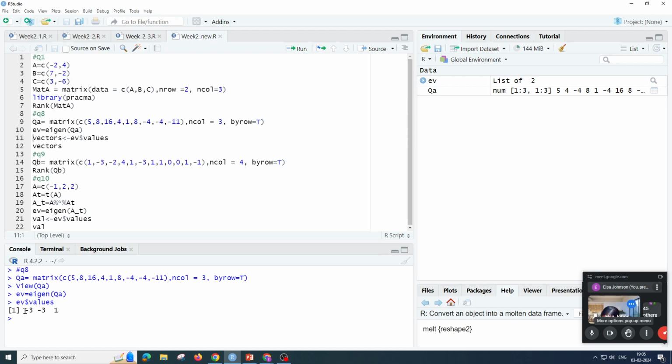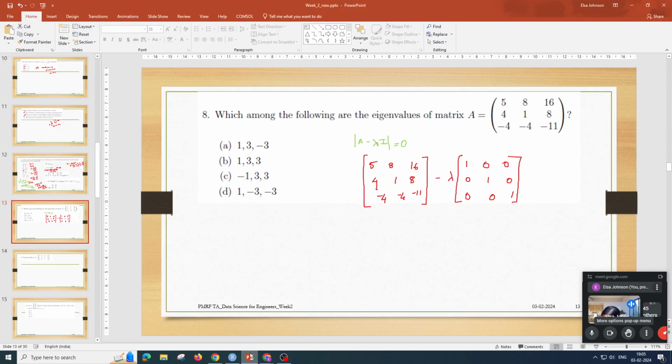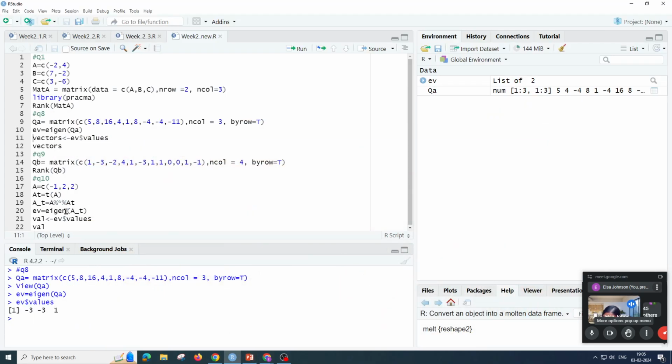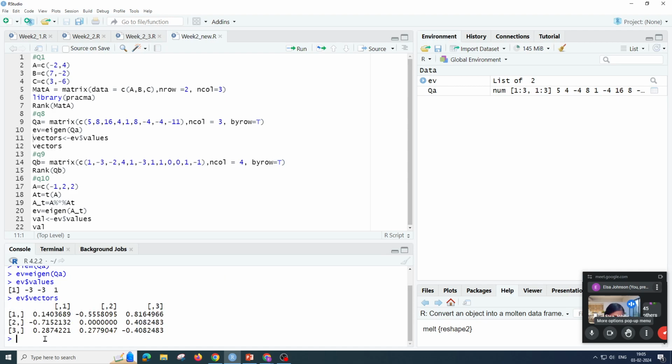You can use the method determinant of A minus lambda I to get the eigen values. In RStudio you can directly form the matrix and give EV equal to eigen of QA, and you will get the eigen values. If you give EV dollar vectors, then you can obtain the eigen vectors.